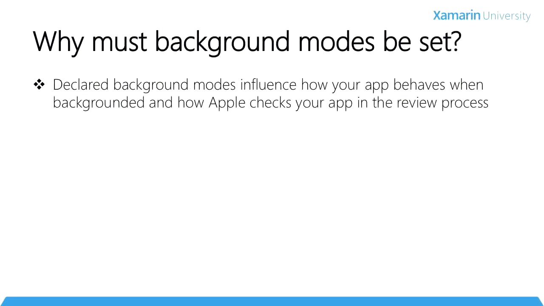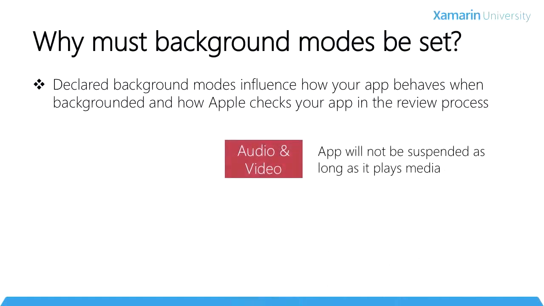Now the question is, why do we have to set these modes at all? Why does Apple want us to do that? Well, it has two reasons really. The first one is, if we, for instance, pick audio and video background mode, it means that our application will not be suspended as long as it plays some media, some movie or some music.